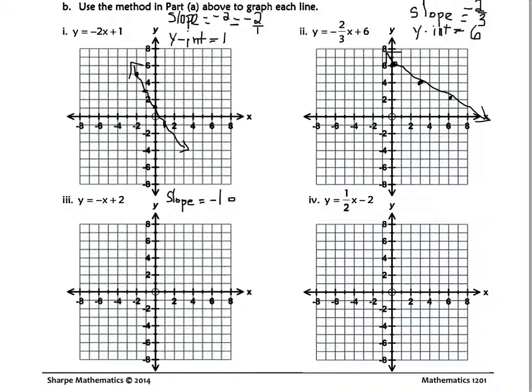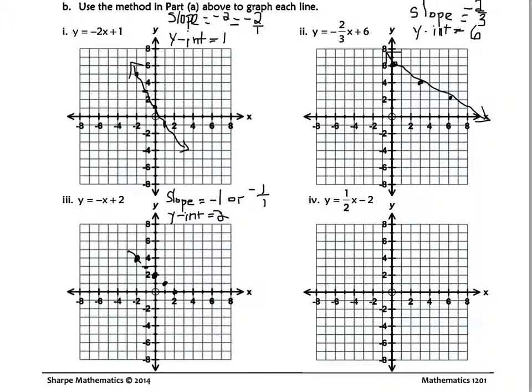And again, you might want to write that as negative 1/1. And the y-intercept would be 2. So plot your y-intercept of 2, and then your slope would be up 1, left 1, up 1, left 1, or from your starting point you could have gone down 1 first, but then you'd have to match it with the right 1, down 1, right 1.